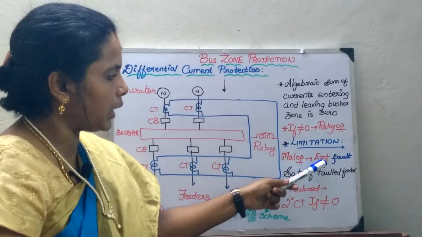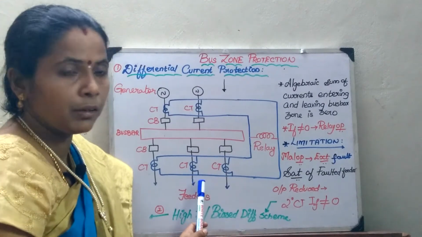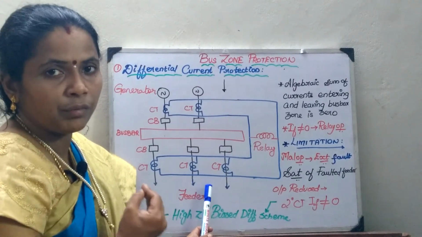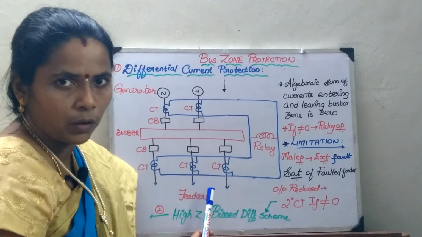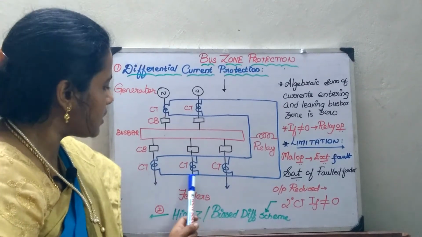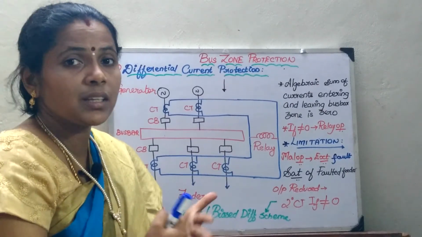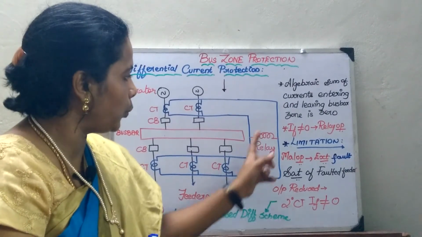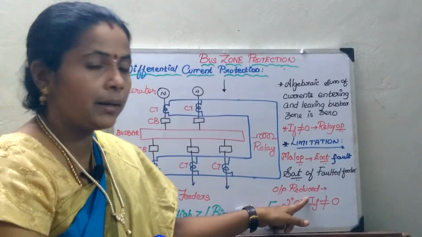So, in case of an external fault, what happens? Suppose a feeder in the neighboring section gets faulted. In that case, the CTs nearby might get saturated. If the CTs get saturated, the output magnitude will get reduced.